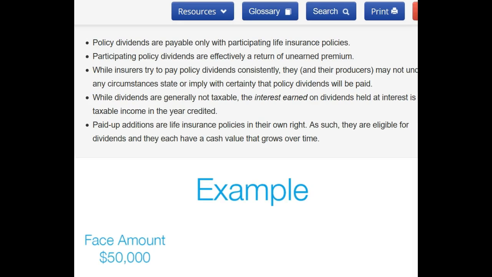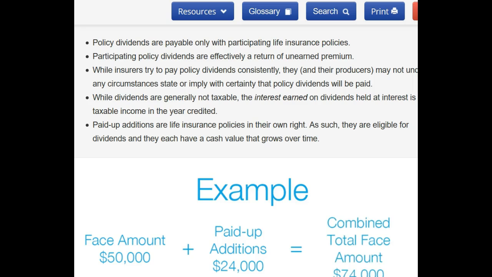In addition to the basic policy face amount of $50,000, there is now paid up additional insurance of almost $24,000. So for that same $61.95 monthly premium, this policy now has a combined total face amount of almost $75,000.